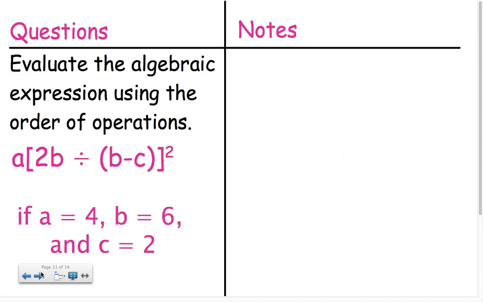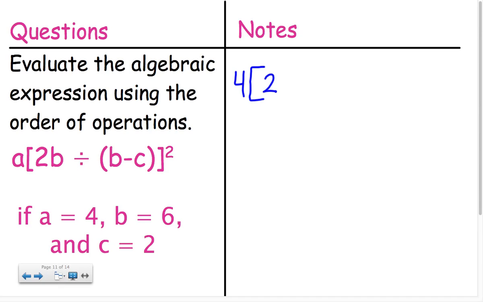This next problem is similar to the first one, except our problem looks a little bit different. This time I'm going to do the same thing again and fill in all of my variables with their values. So A is 4. This is what I'm going to make my bracket.